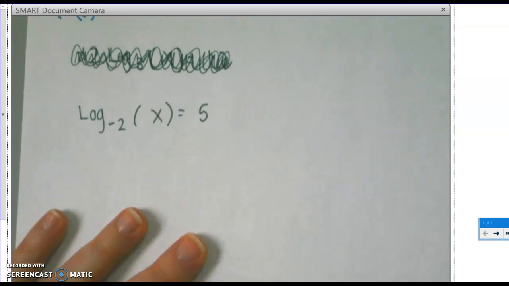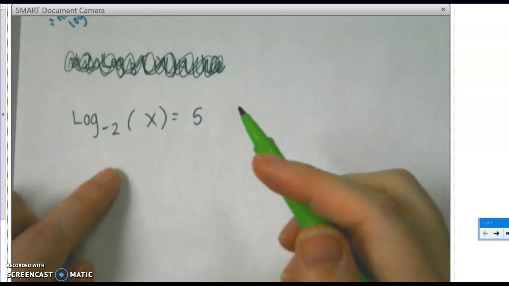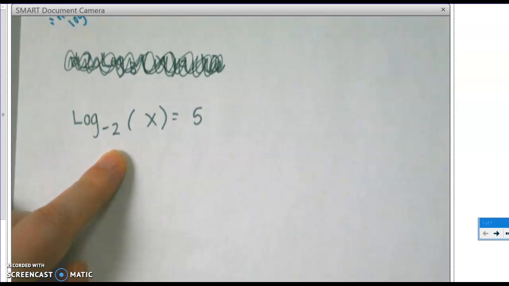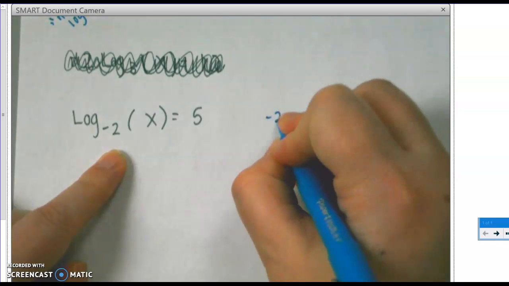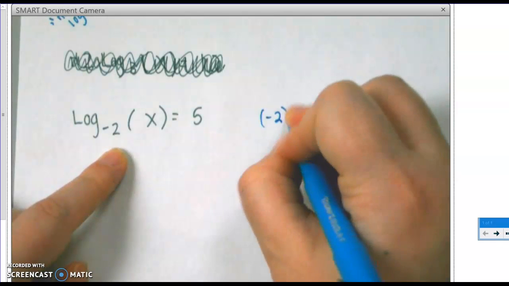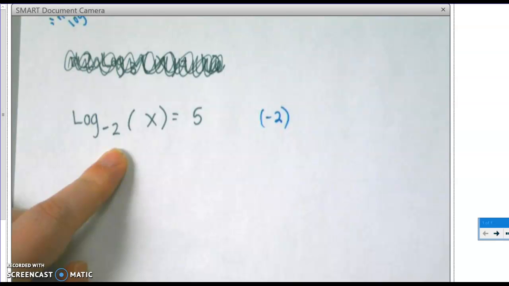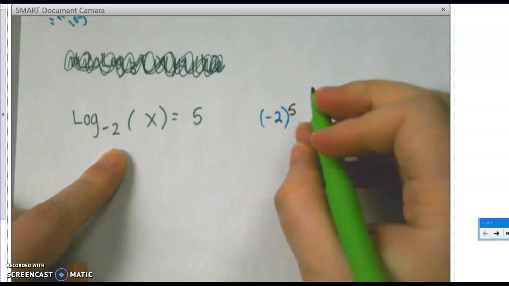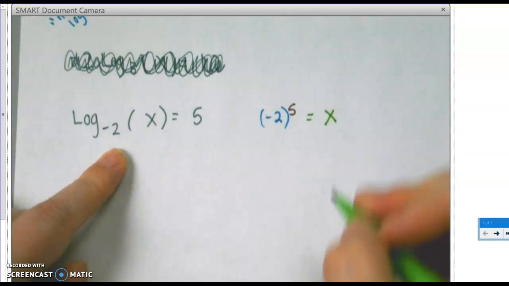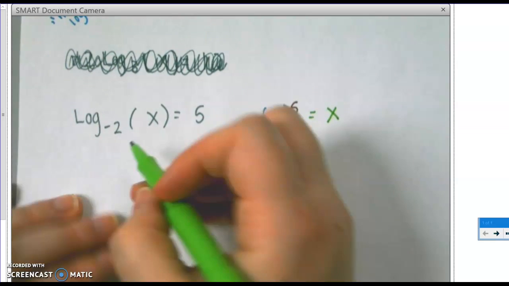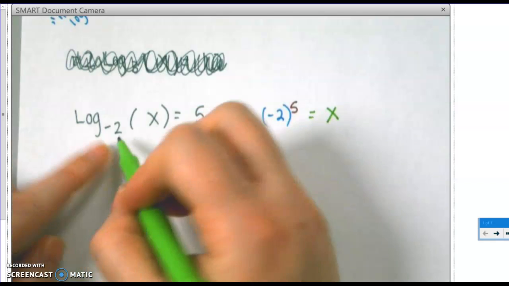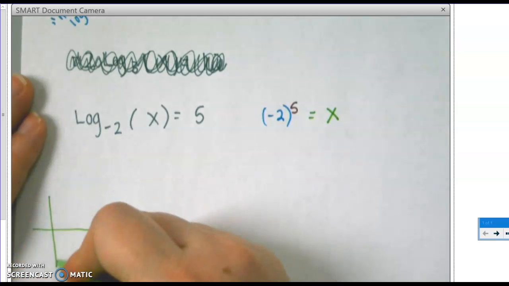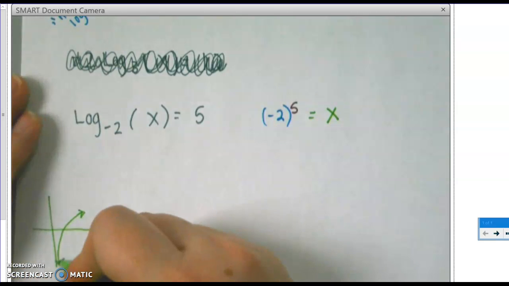All right, so another special case for this, you could probably just convert this if you wanted to. There's your base. There's your exponent. It's going to equal X. The problem with this is the domain of a log graph, if you remember the graph of a logarithm, has that vertical asymptote.